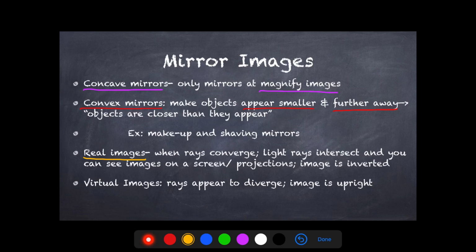And then virtual images are rays that appear to diverge, they come apart, and the image is upright, okay? So the virtual image that we talked about with the convex mirror, even though it's a lot smaller, is still upright. Same with the concave mirror: even though the plant originally is smaller, it magnifies it.